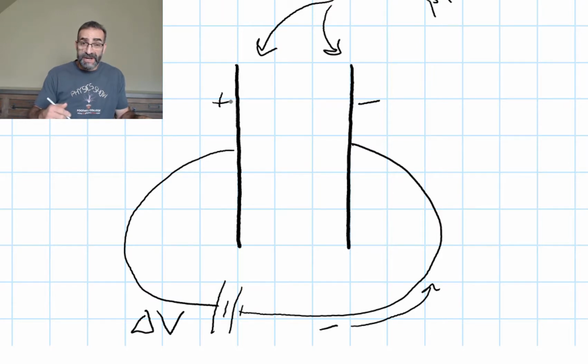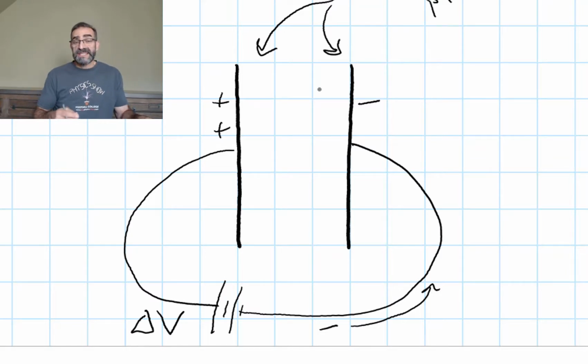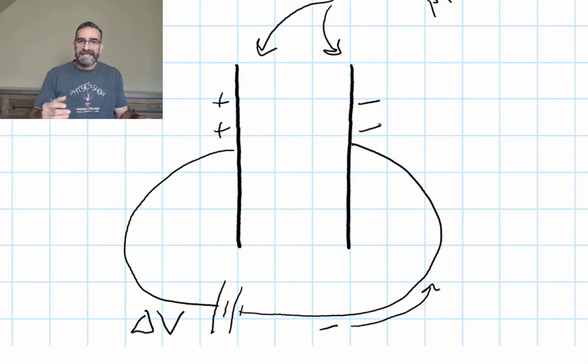The second electron, the battery has to do a tiny bit of work. It pulls it off of this plate and it's attracted to the positive charge that's there, so it takes a little bit of work. And it pushes it onto the right plate, and there's already an electron there repelling it, so it takes a tiny bit of work to move that second electron over.